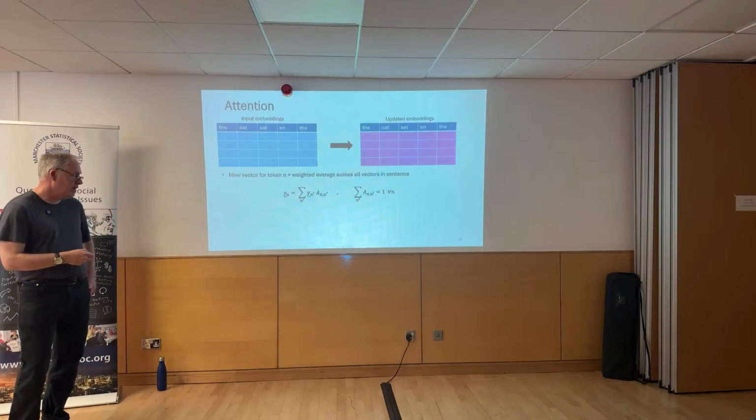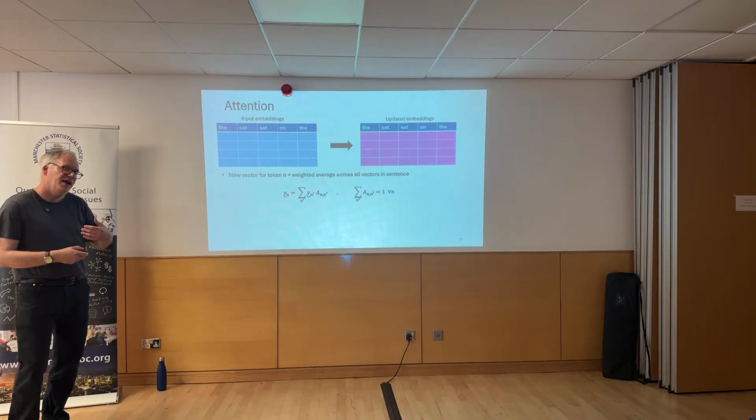So here are my vectors y, and I've just got some weighted average. The symbol there, a_{n n'}, is just a weight. It's a probability, and it tells me how much weight, or how much probability, I should assign to token n' when constructing the new vector for token n.